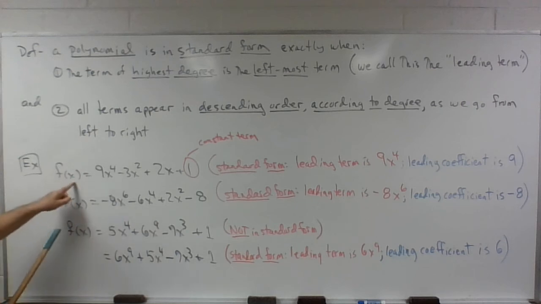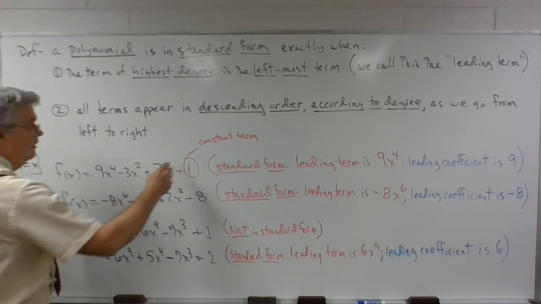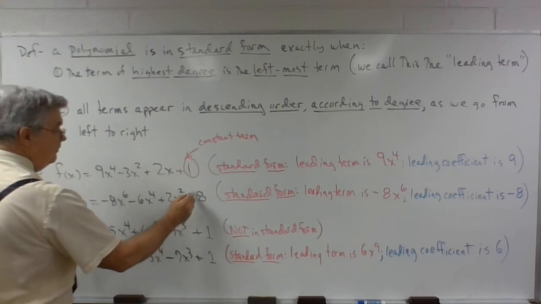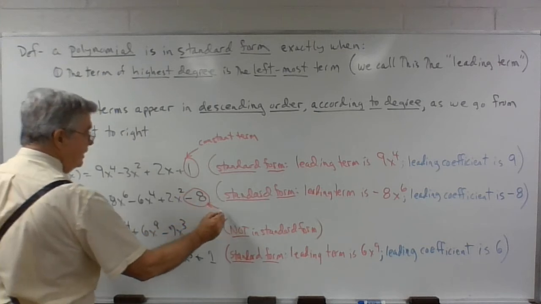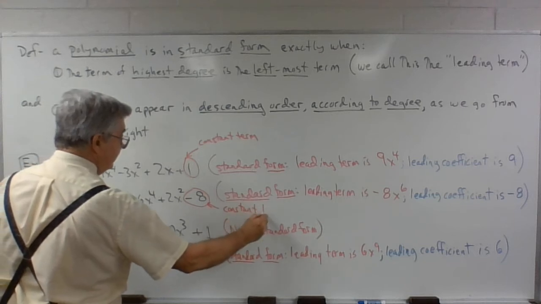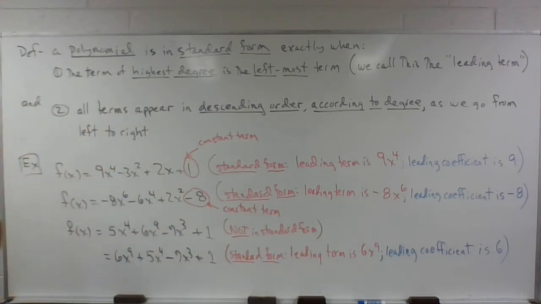In this first polynomial, the term 1 is the constant term. In this second polynomial, the term -8 is the constant term. And in this one, the constant term is 1.